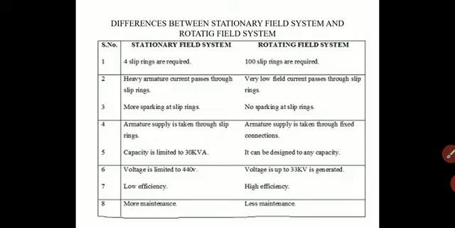Next we see this chart. It represents the comparison between stationary field system and rotating field system. The main advantage of the rotating field system is that there are no slip rings, as we discussed in the previous slide.